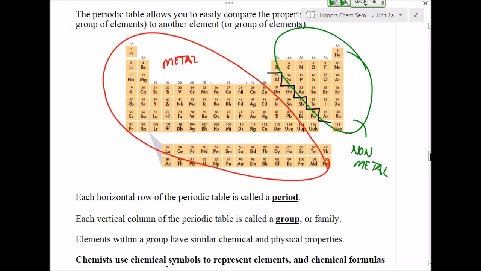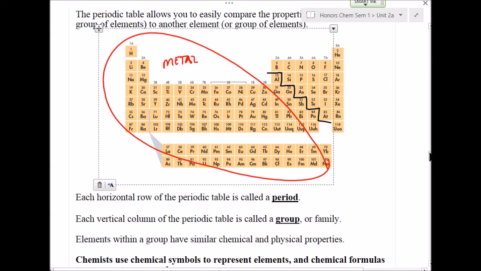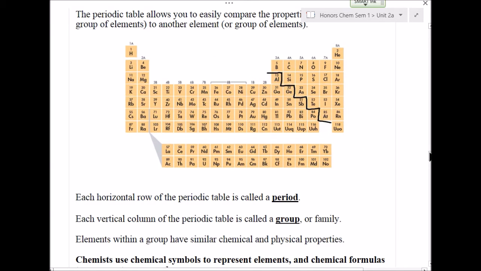So the periodic table is made up mostly of what? Metals. Yeah, there are far more metals than nonmetals. But what's kind of cool is that with these nonmetals over here, there's a lot that takes place. In other words, that's where all the organic chemistry is occurring. All right, so I wanted to throw that in.